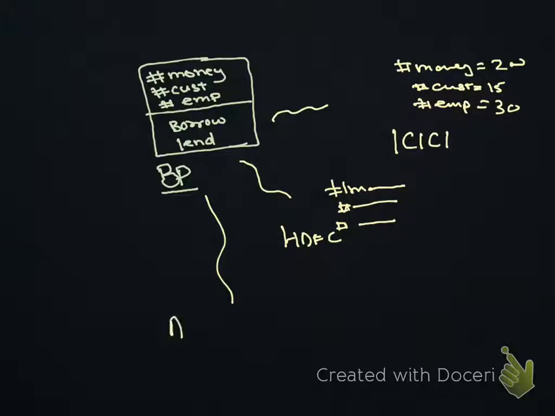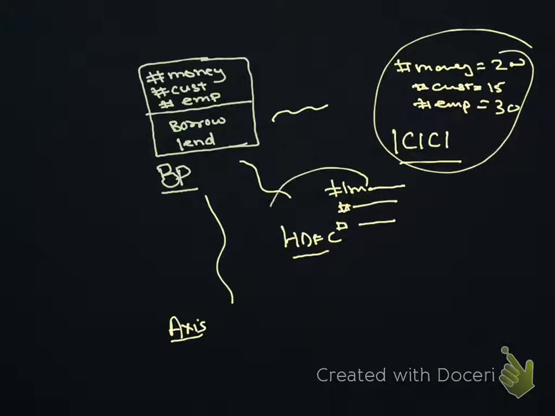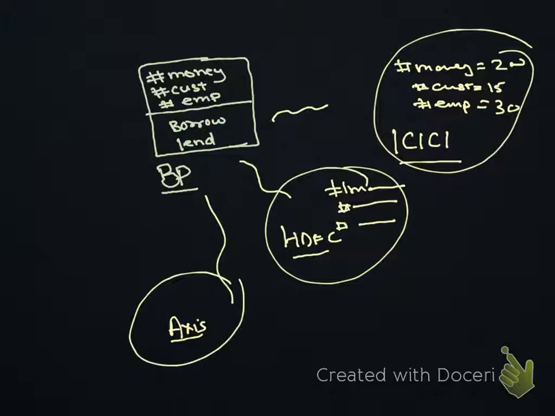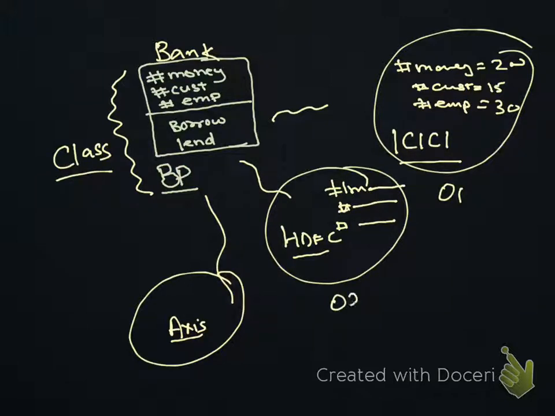And similarly I can have an Axis Bank over here. So all these three are your banks which actually exist in reality, and we call them the instantiations of your bank blueprint over here. So this thing which is a blueprint which just exists in your mind is called a class, and all these three are your different objects of this class, object 1, 2 and 3.